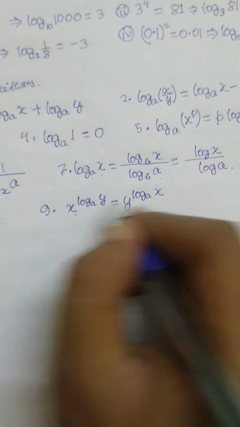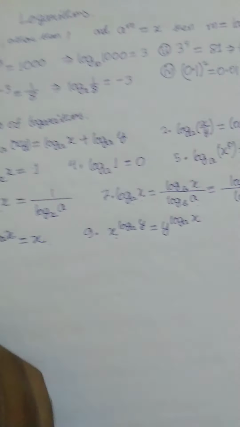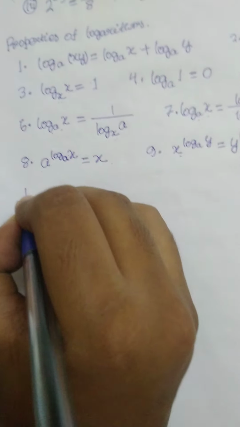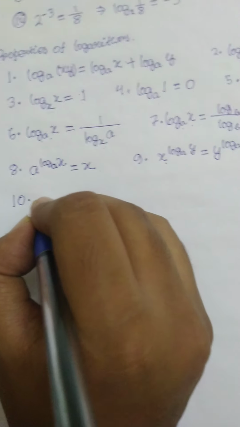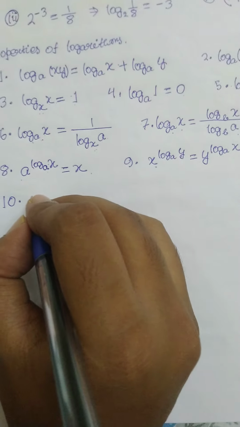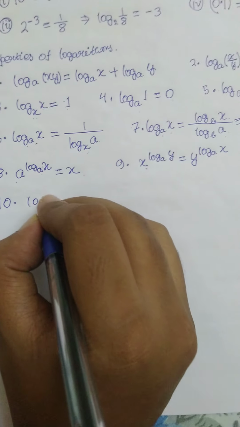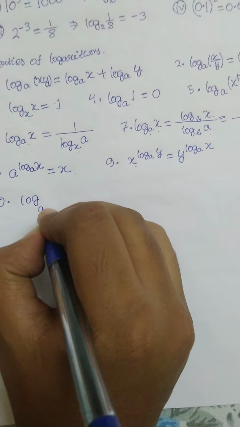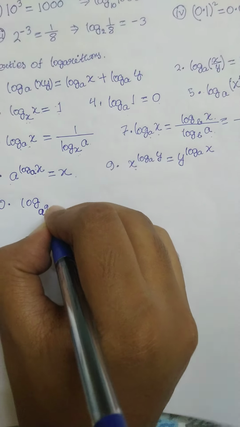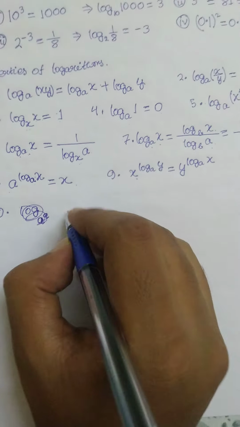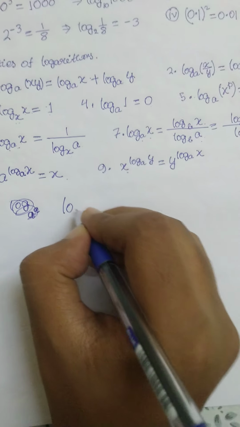Okay, and another last property, and the most important: log with base a to the power q. I write it clearly, big to understand clearly.